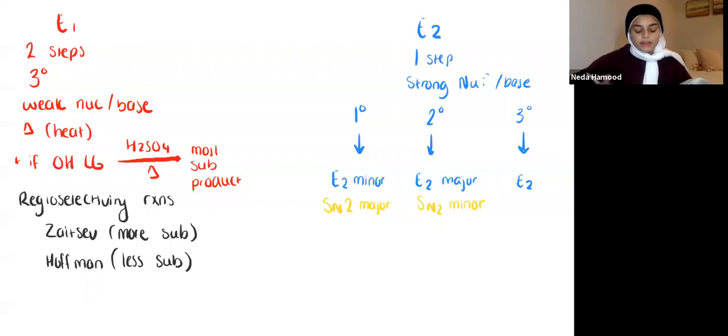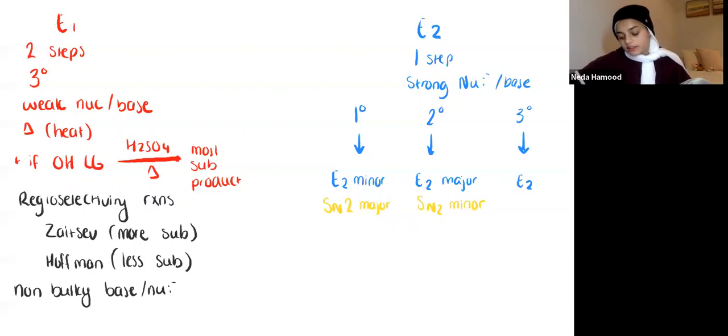If you have a non-bulky base or nucleophile, then your Zaitsev is going to be your major product, and Hoffman will be your minor.